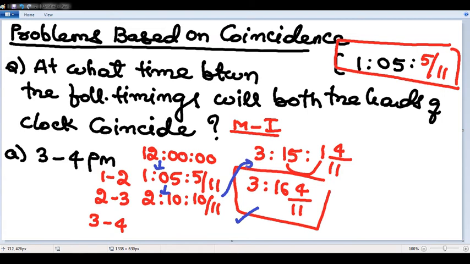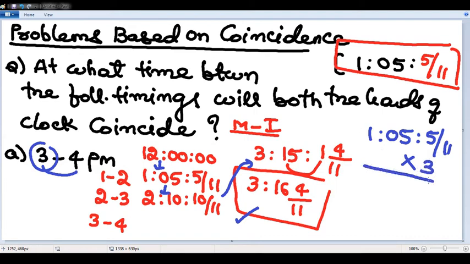So I am adding 1 hour 5/11 three times because the timing is from 3 to 4 and our hour hand is at 3 o'clock. Simply, if you add A three times, A plus A plus A, it becomes 3A. Similarly, 1 5/11 added 3 times, multiply by 3. 3 times 15 is 45, 15/11 is 1 4/11. It is 3:16 4/11.